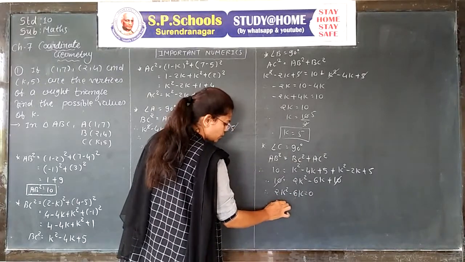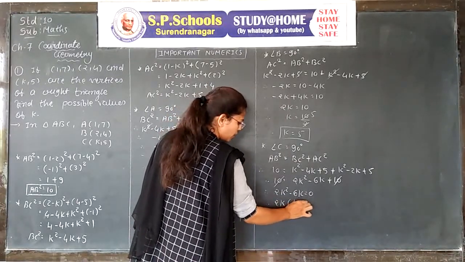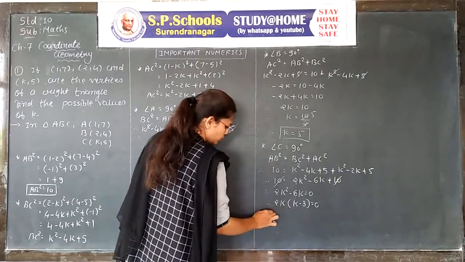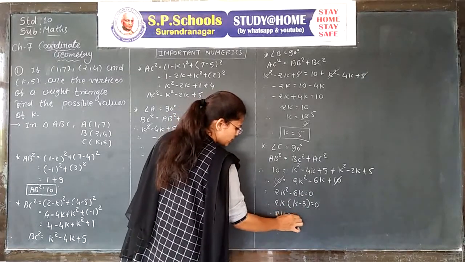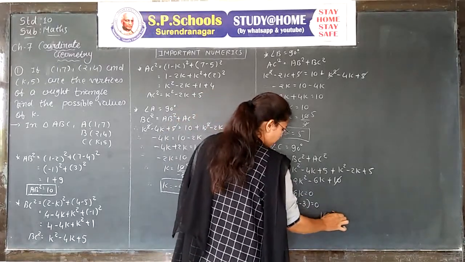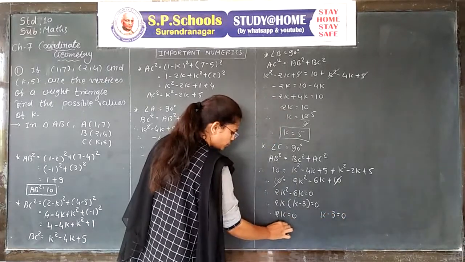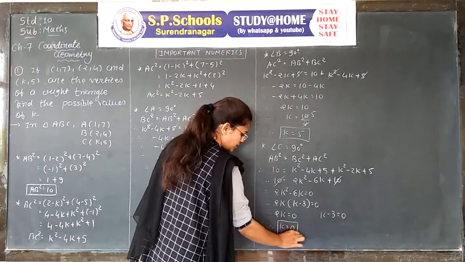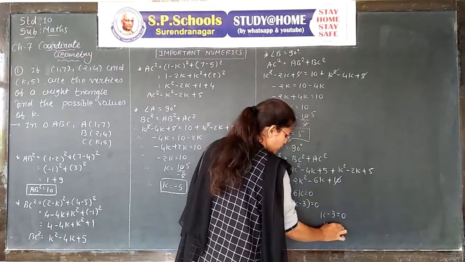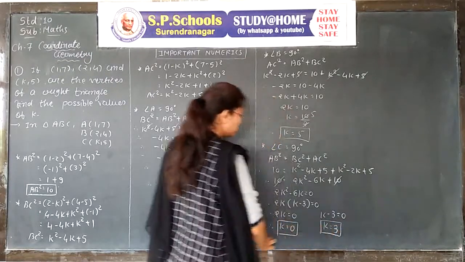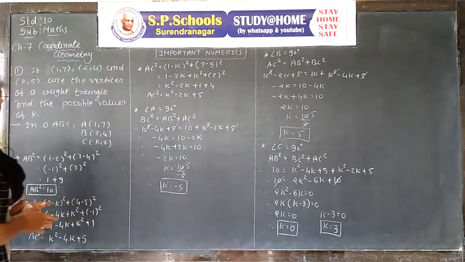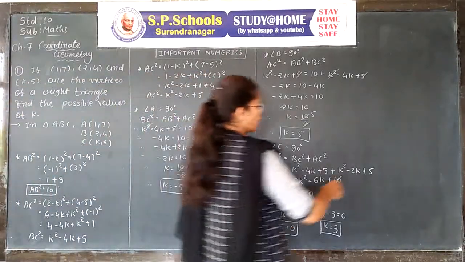Now 2K is common, remaining in the bracket, K minus 3 is equal to 0. Therefore, one time 2K is equal to 0 and second time K minus 3 is equal to 0. From 2K equal to 0, we get K equal to 0, and another time K equal to 3.